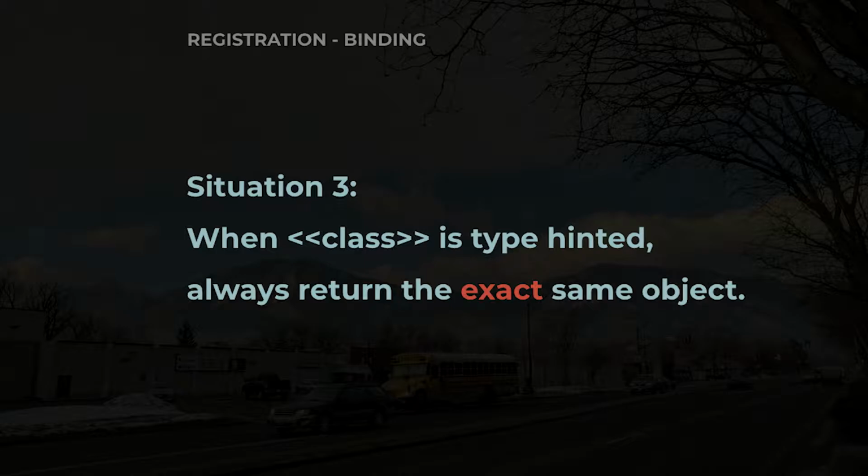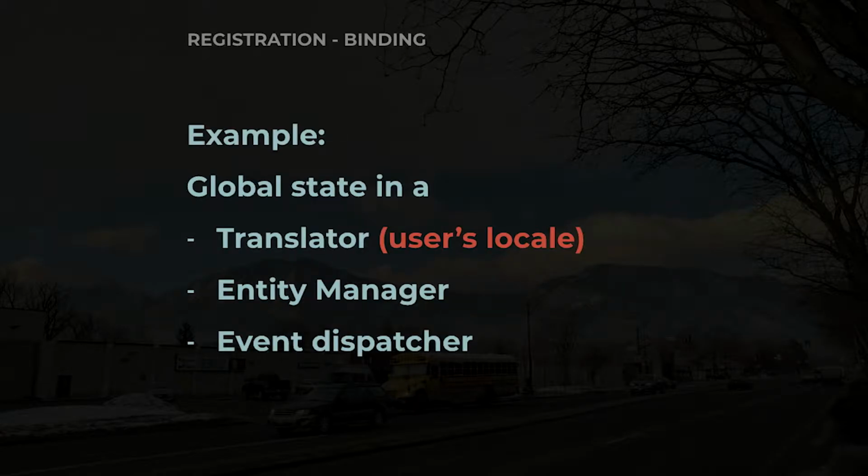Situation number 3 is when a class is type hinted, always return the exact same object. What I mean by this is when you want an entity manager or an event dispatcher or a translator, we always want the exact same translator instance because of global state. Our entity manager needs to keep track of all the entities, or the event dispatcher, you only need one, right?